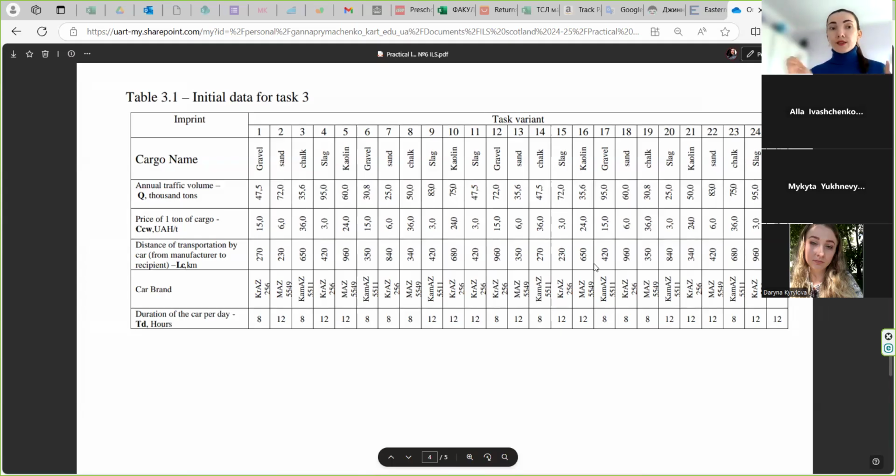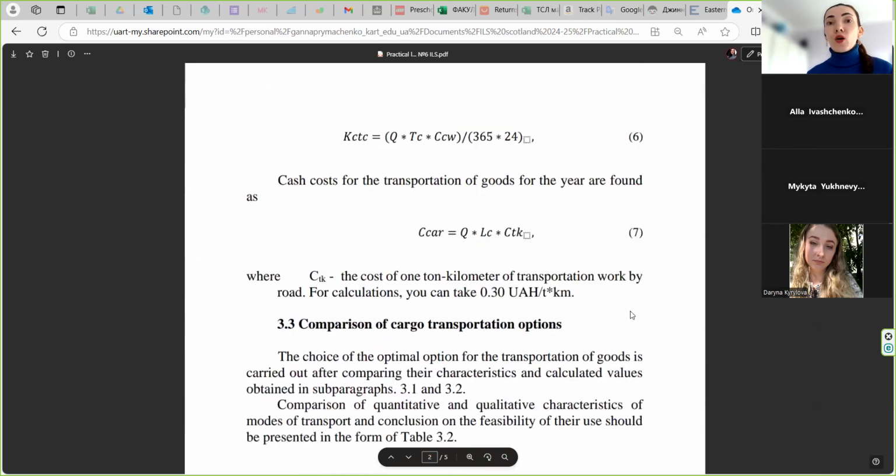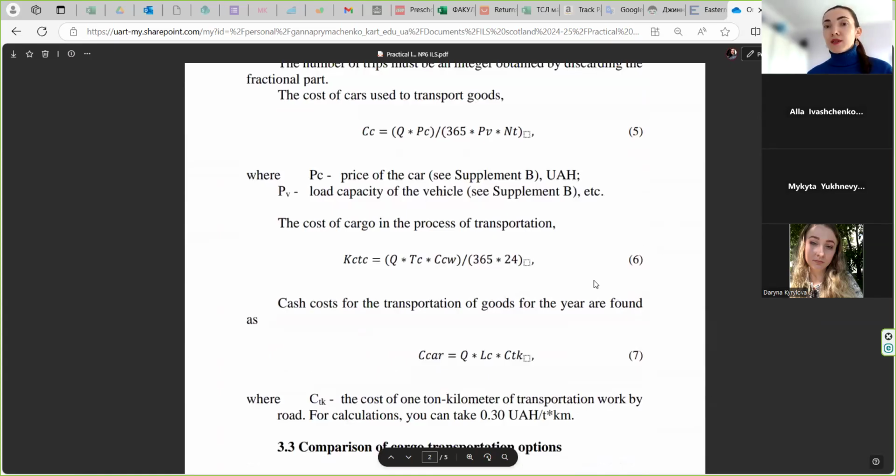All of this is our numerator, so we write divided by our denominator. The denominator of formula number 6 is 365, how many days in 1 year, and also multiplied by 24, how many hours in 1 day.